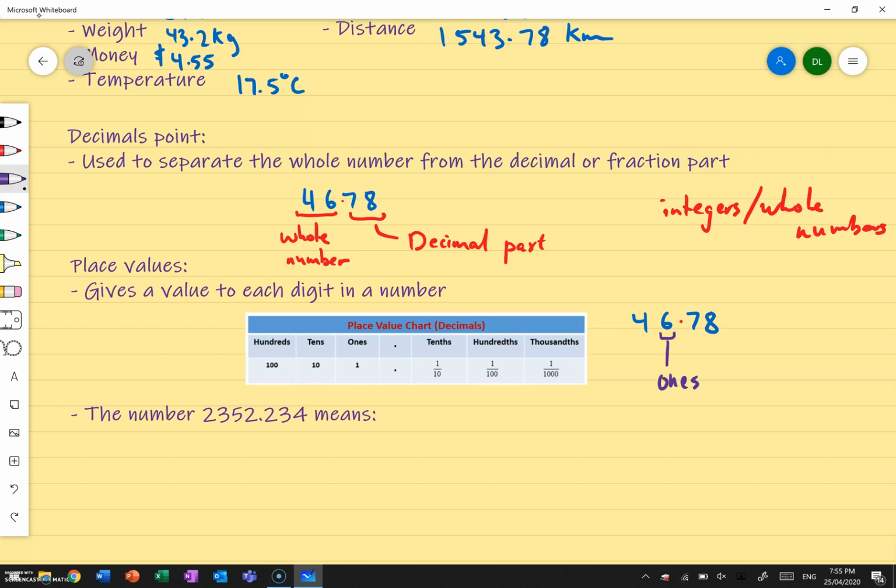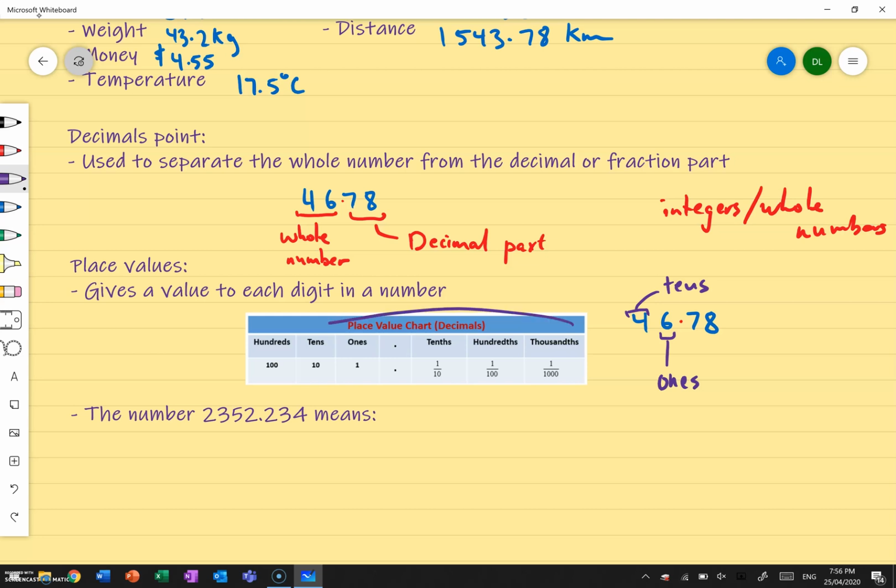Which means I have 6 times 1, which is 6. This is a value of 6. This right here is not just a value of 4, it's in the tens position, right? So that gives it a value of 4 times 10, which is 40. So each position or place value gives a value to each digit in the number.